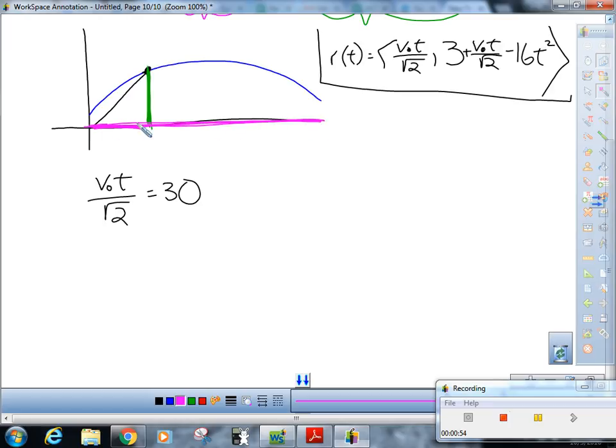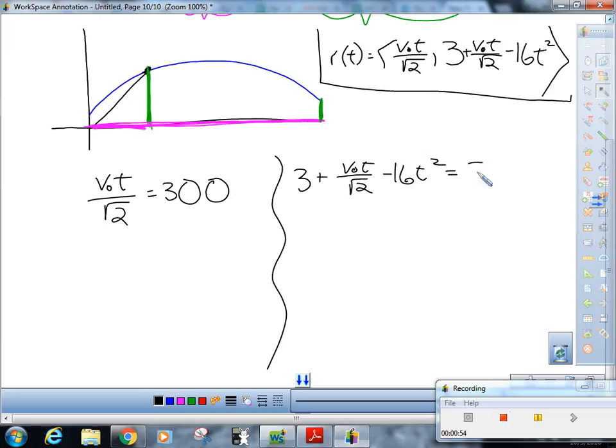And at that same value of t, at that same time, excuse me, this should say 300, it didn't, right? At the same time, I know that our h will be 3, again, based on the given conditions. So I will also write 3 plus V0 t over radical 2 minus 16t squared equals 3.